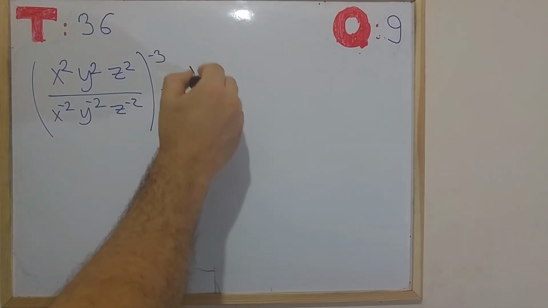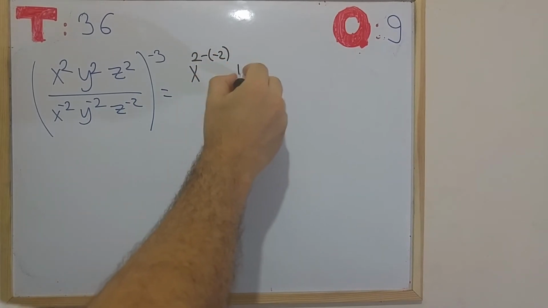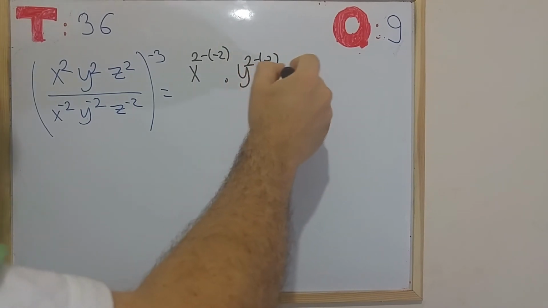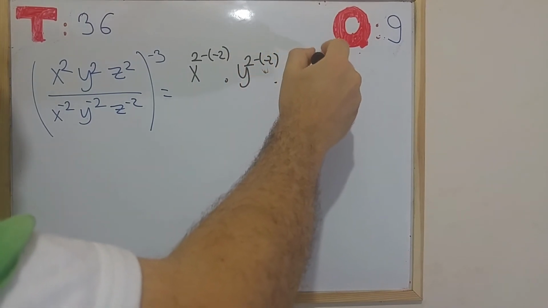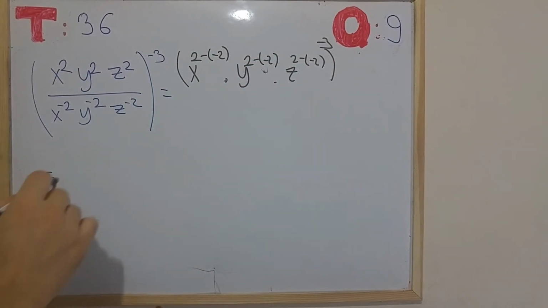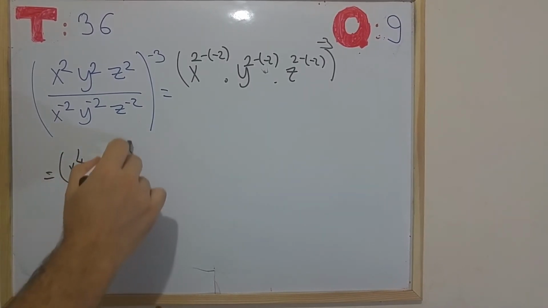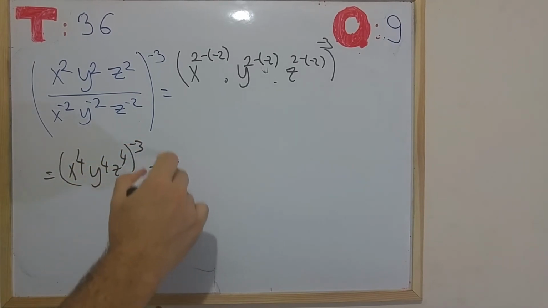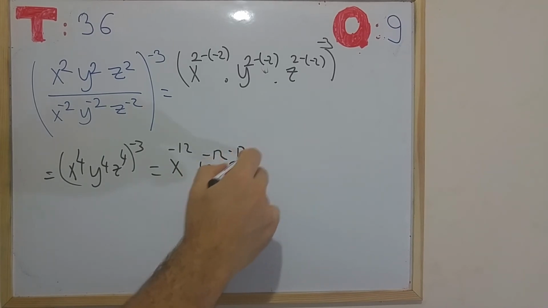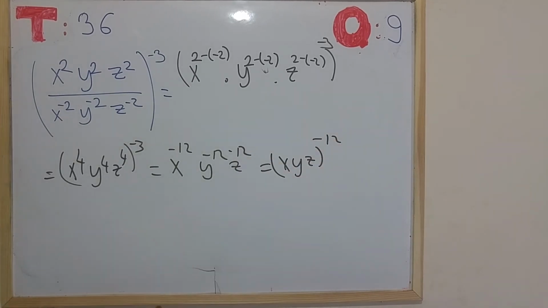This is equal to x to the 2 minus minus 2 times y to the 2 minus minus 2 times z to the 2 minus minus 2 to the minus 3, which means x to the 4, y to the 4, z to the 4 to the minus 3, which means x to the minus 12, y to the minus 12, z to the minus 12, or you could say x, y, z to the minus 12.